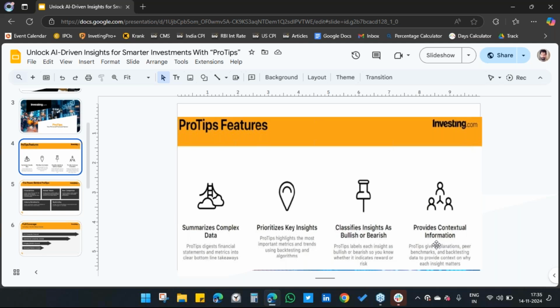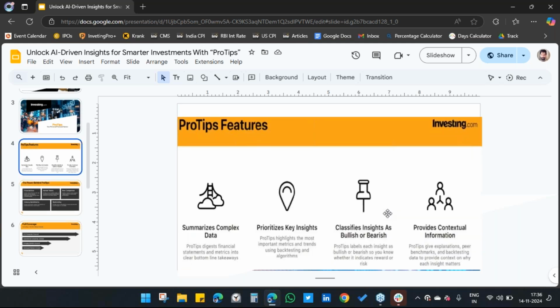So if ProTips thinks that this information is bullish for the stock, the information is highlighted as a bullish piece of information in the green box. I'll show it to you when we'll be doing stock analysis. If ProTips thinks it's bearish information, then again it's highlighted in red and neutral is highlighted in gray. So even if you do not know much about how to interpret that information, ProTips comes to your rescue and it automatically segregates these pieces of information into bullish, bearish, and neutral categories.